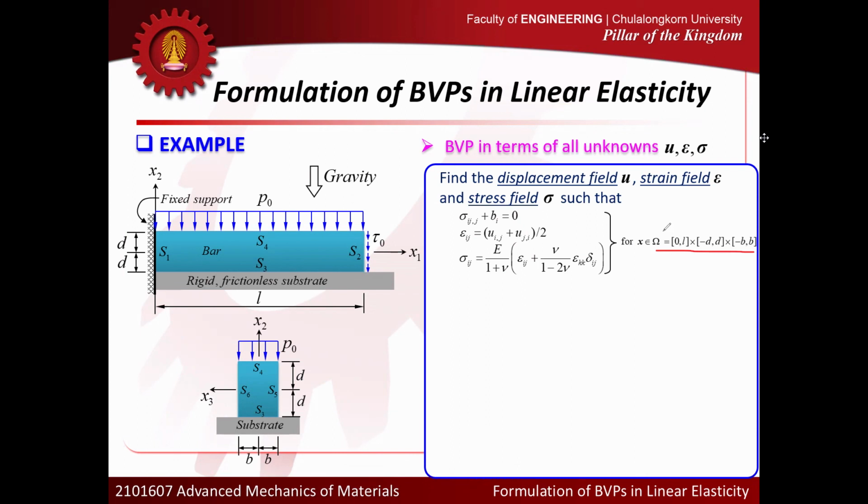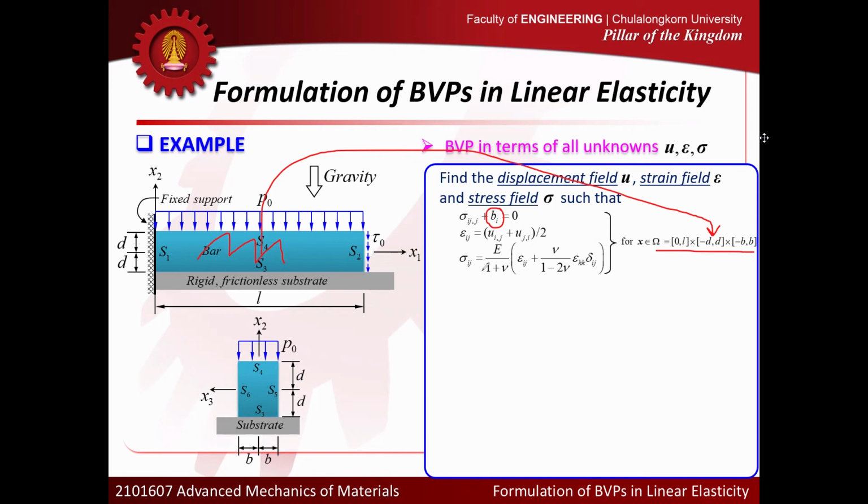This is the one that you are interested in, right? This body occupies the region here, okay? And you can see that if you write this down like this, the body force here has to be specified as well. At the end, I will write down what B is because B is known here, right?